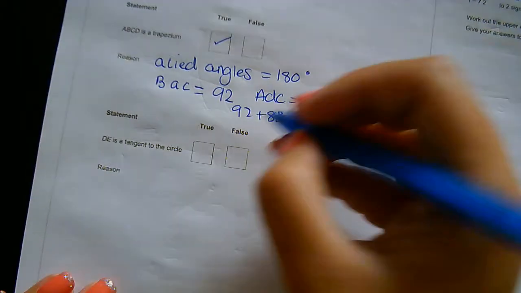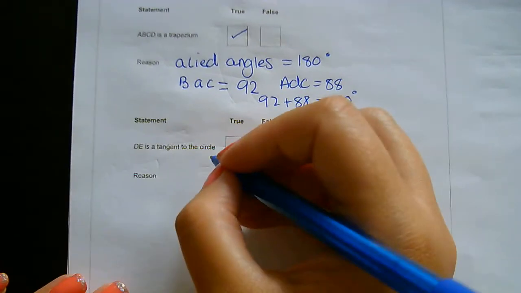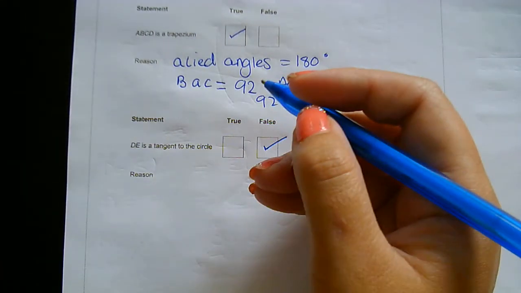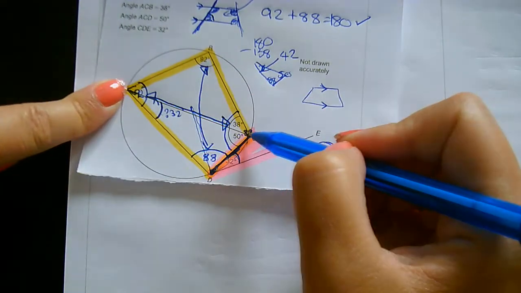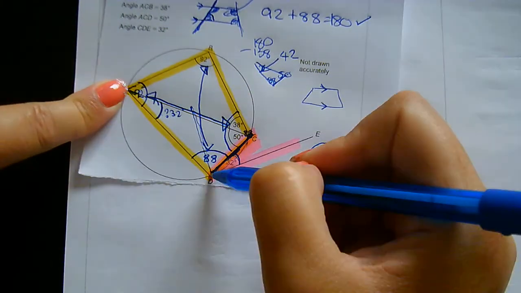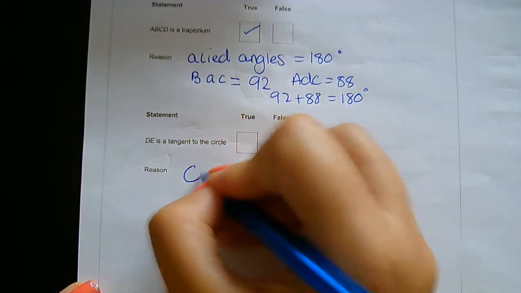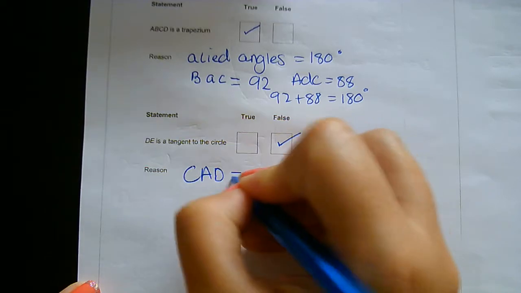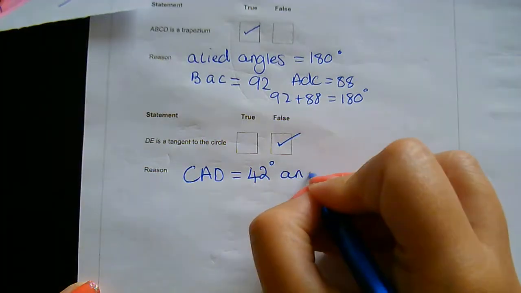So DE is a tangent to the circle. It's got to be false, and the reason being, let's talk about that angle. It's from C to A to D, so it's this little one, C to A to D. So CAD equals 42 degrees, angles in a triangle.